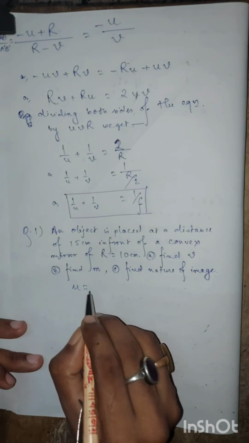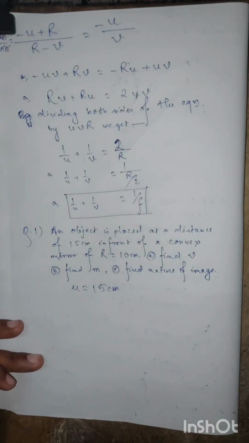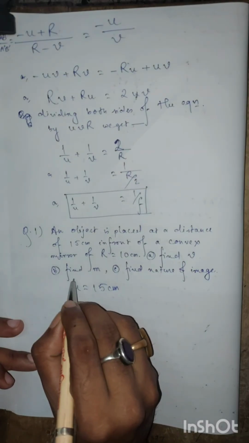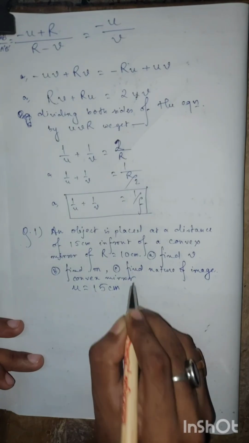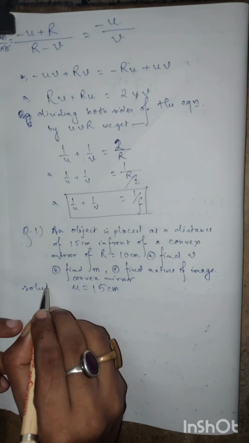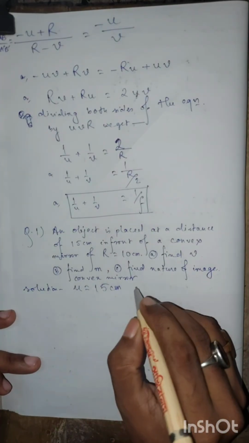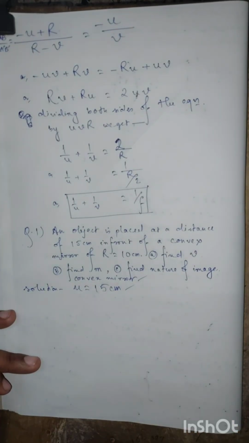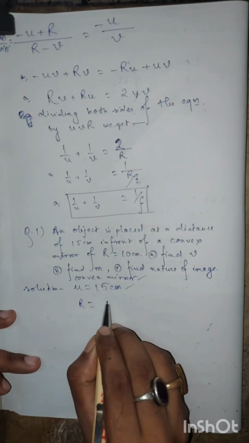So u is given, which is 15 centimeter, for a convex mirror, and radius of curvature is 10 centimeter.